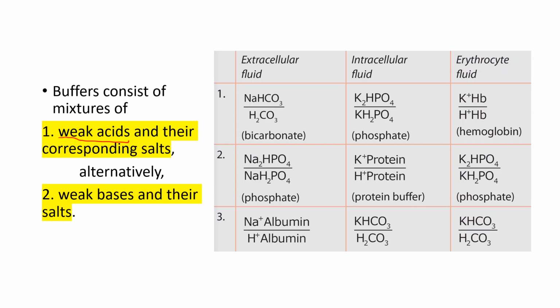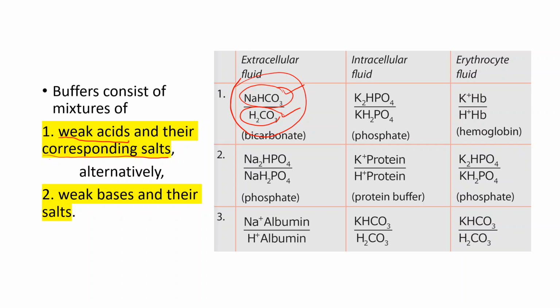The majority of the weak acid is present in a solution in undissociated form, and the other component is the corresponding salt. Here is the corresponding salt, and here is the acid. This is carbonic acid, and this is soda bicarb, the corresponding salt of carbonic acid. The combination of these is a buffer.